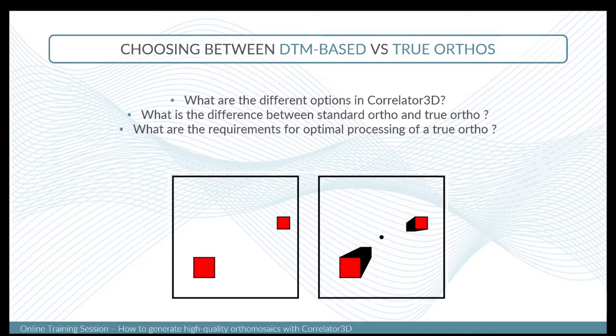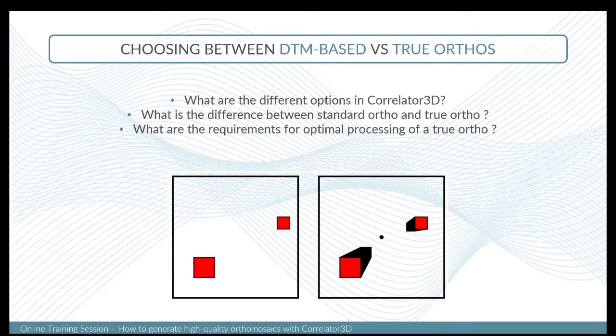You have to understand that when you do a true ortho and your input images have high angles on different objects, each pixel will need to be displaced and rectified to obtain that kind of projection. So it's a very intense process in terms of rectification.